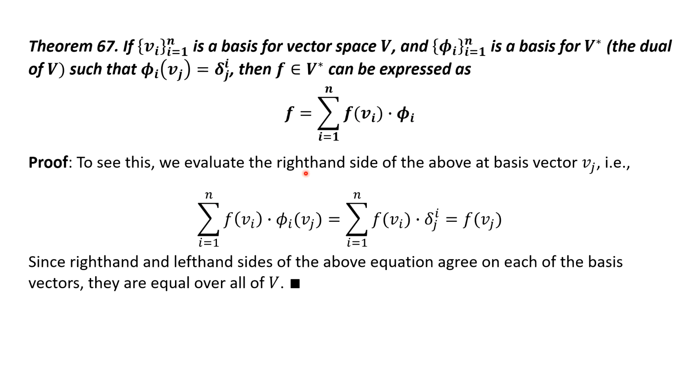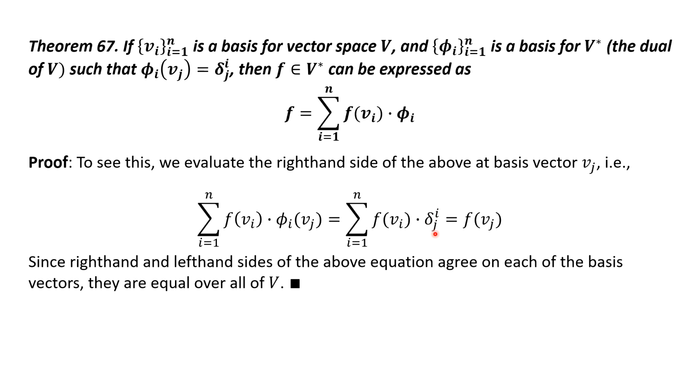So to see this, we evaluate the right-hand side of the above at a basis vector v sub j. So we have this here, then we evaluate this at v sub j. Then we have this here, so this is f of v sub i times the Kronecker delta ij.